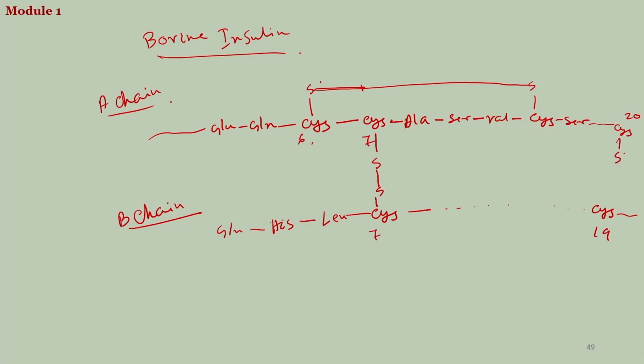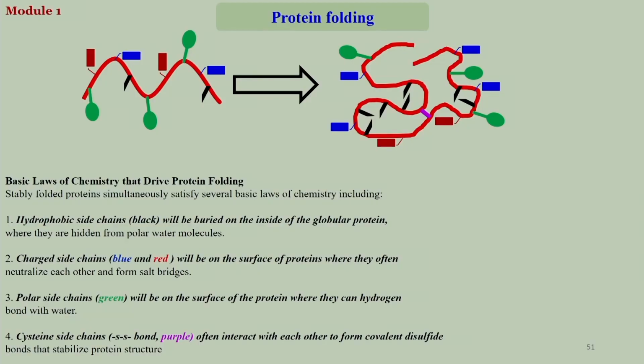Similarly, the S of this also forms a disulfide bond very quickly. So, the overall structure has many disulfide bonds, and that is the driving force for the tertiary structure of bovine insulin. So, here I have made a schematic presentation of how different interactions are present that make a tertiary structure of the protein. For example, this is the secondary structure of the protein.